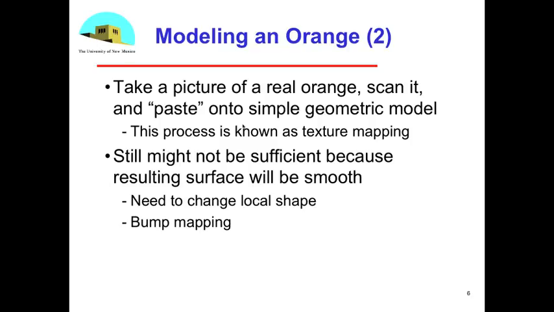And that will work, but it won't be quite what we want. In particular, if I look at one still picture, it might look okay. But as soon as I move that orange, or I move the viewer, or I change the light source, you'll be able to tell that that surface is not really dimpled. It's really a photo which is flat.